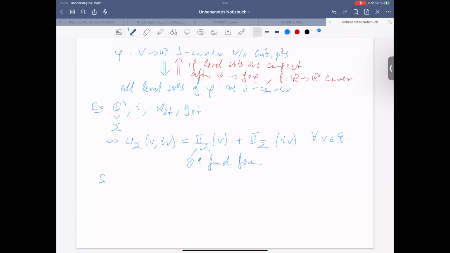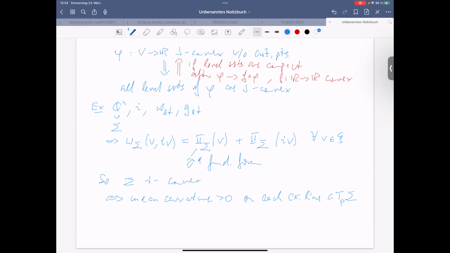So sigma is I convex in C^n if and only if the mean curvature is positive on each complex line inside the tangent space to sigma at a point.